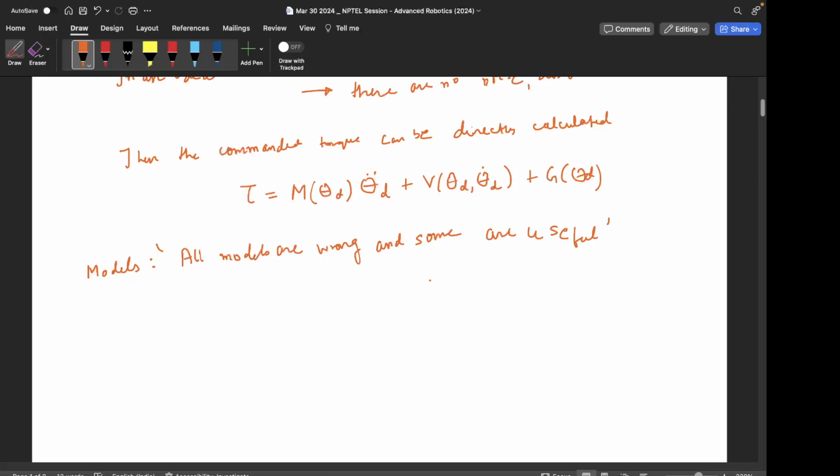So we have to find a trade-off, because we would like to run these control laws online in as fast a fashion as possible. So computation need not be that heavy.